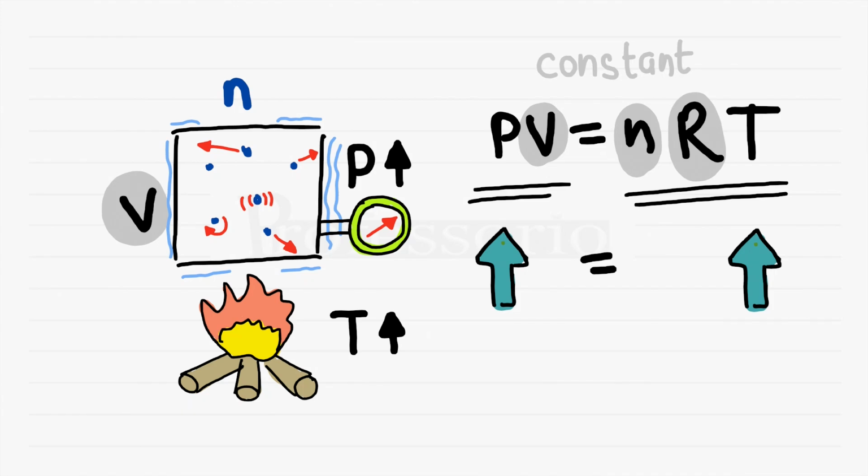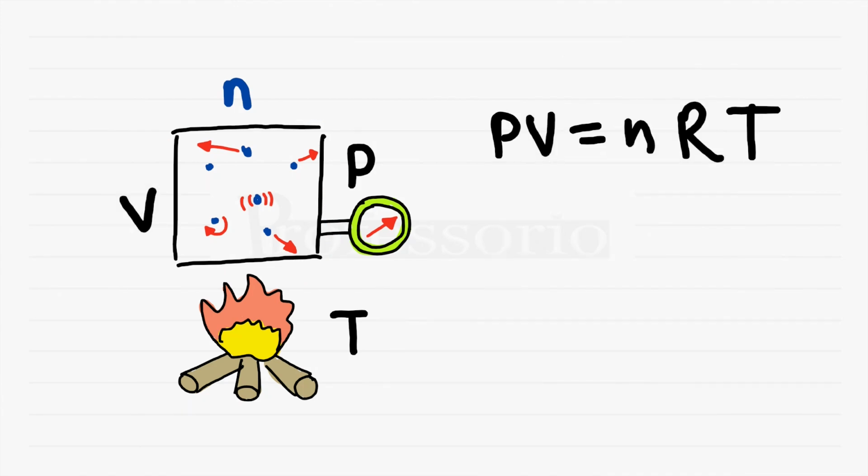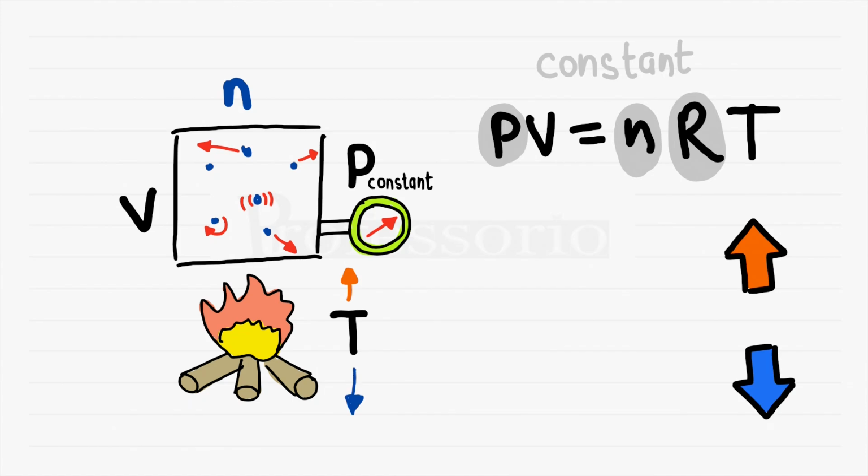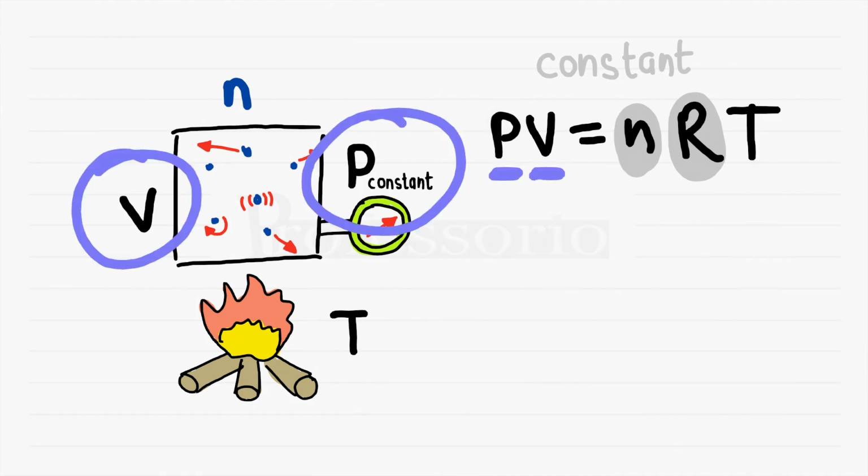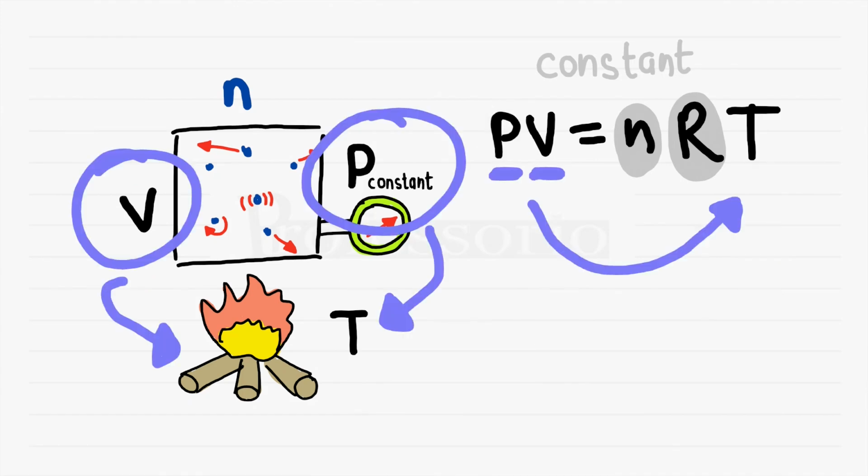Simple? Now instead, if we keep the pressure constant, but let the gas expand or contract freely, the increase or decrease in temperature will increase or decrease its volume. So by measuring either pressure or volume, we can directly relate it to the temperature of the gas.